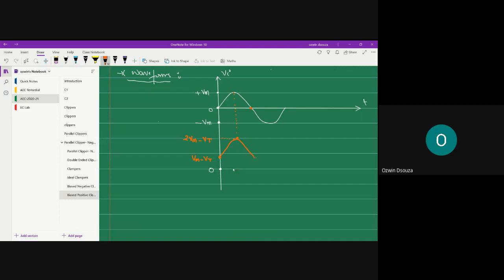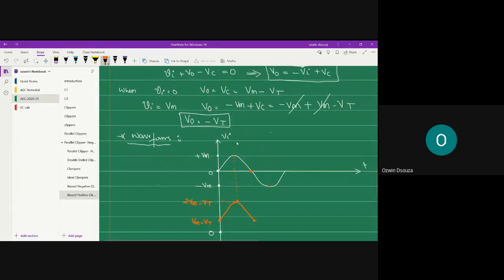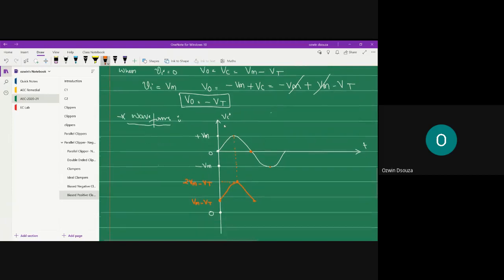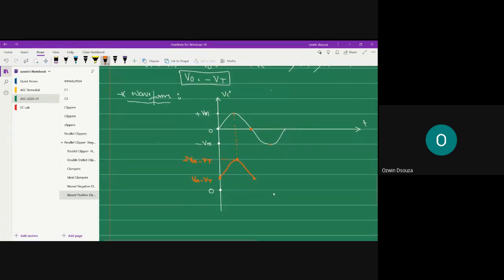Okay. So that's your positive half cycle of the output. Once again, in the negative half cycle, when your negative half cycle starts from 0 volt level, output will be at minus Vm minus Vt level. And when your input achieves the negative maximum, the output peak will be at minus Vt level, so somewhere here.